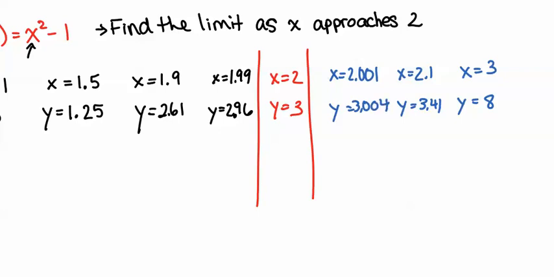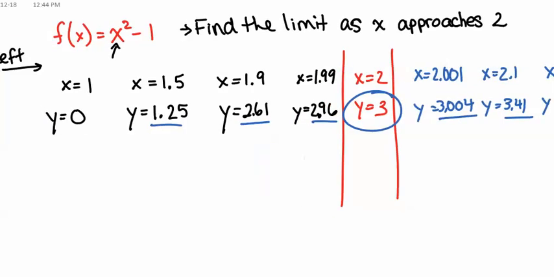So if you look at these values, 8, 3.41, 3.004, they're all approaching 3. So the limit of this function as x approaches 2 is equal to 3.